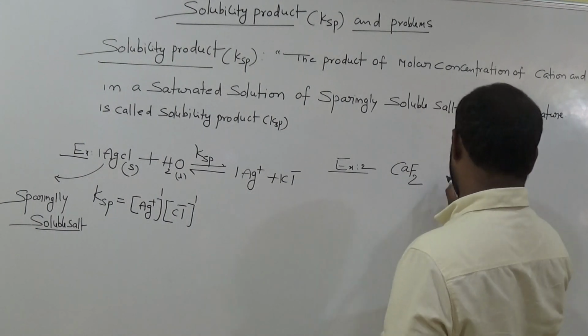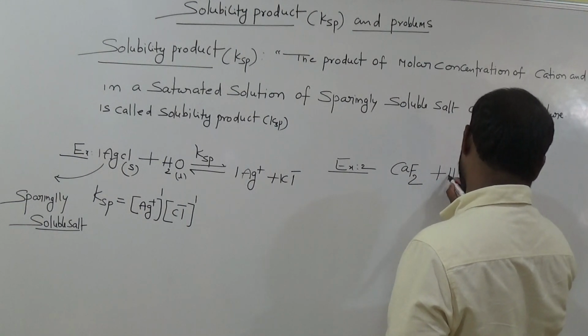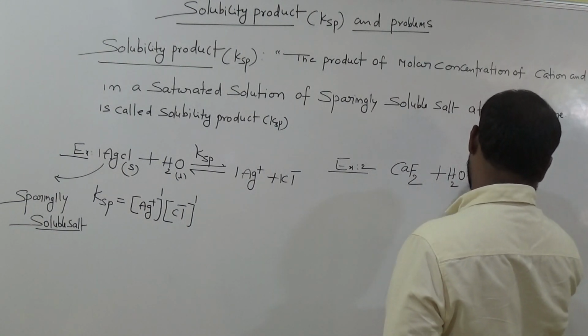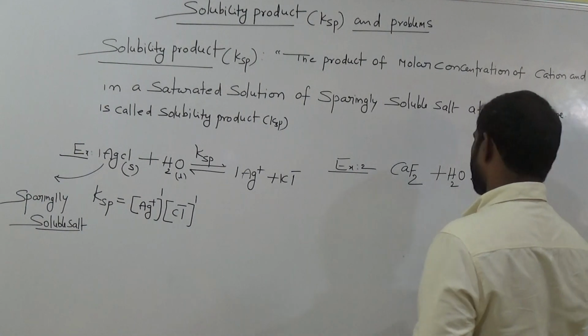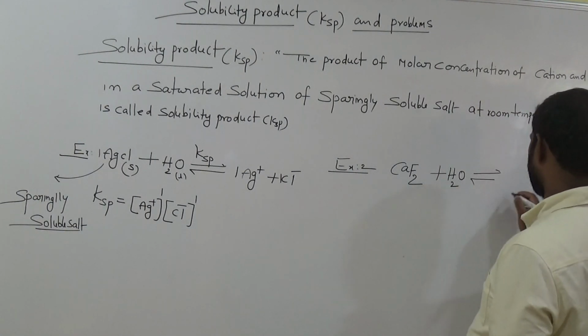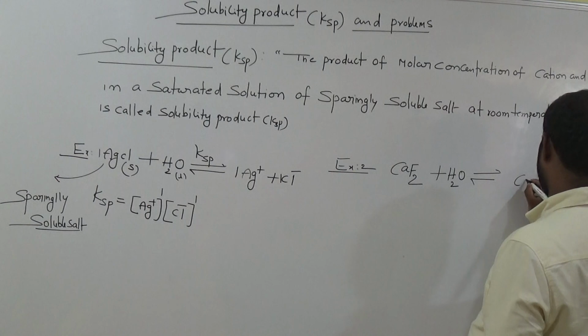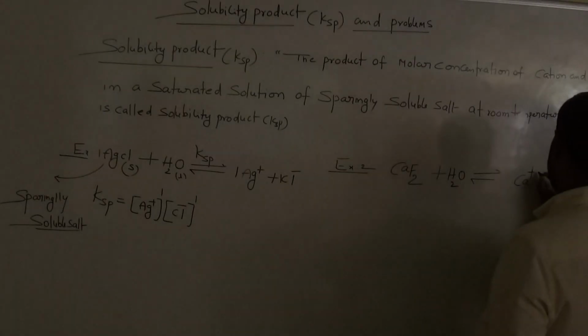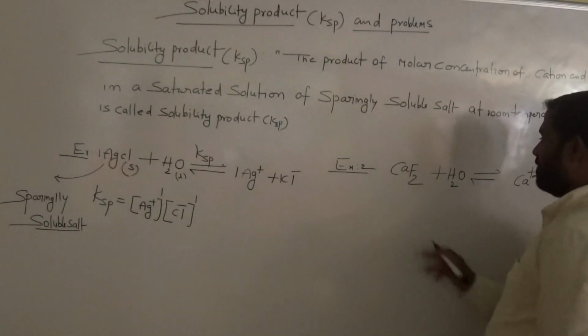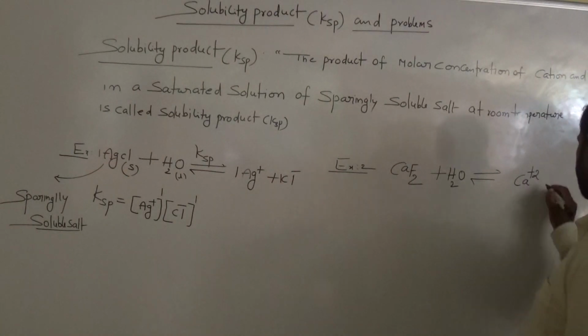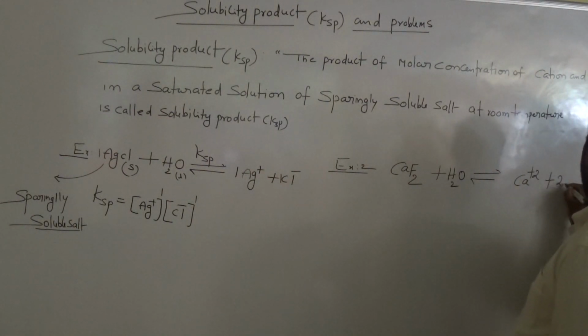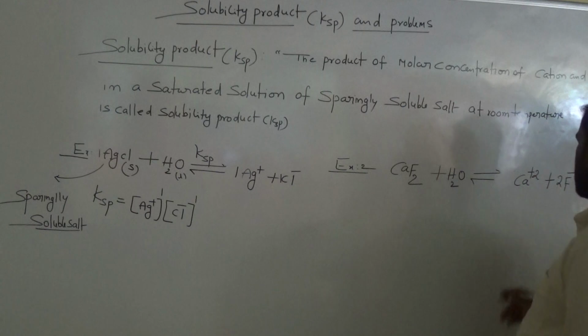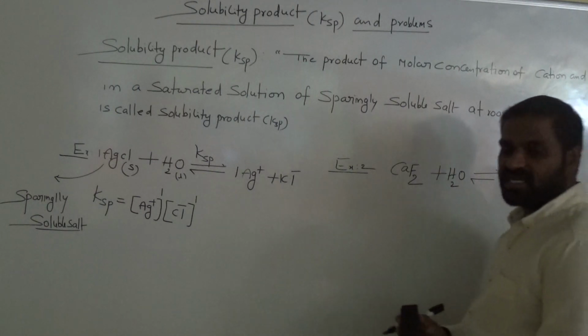CaF2, when dissolved in water, gives Ca plus 2 and 2F minus. Listen carefully. Crisscross method.